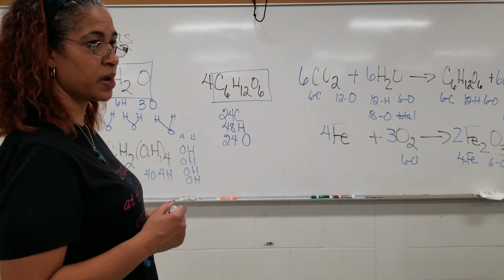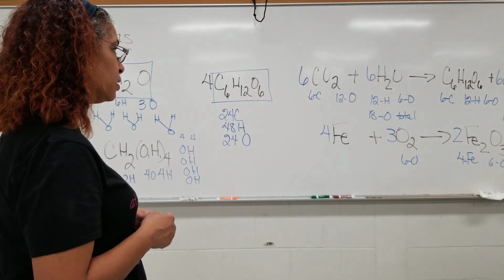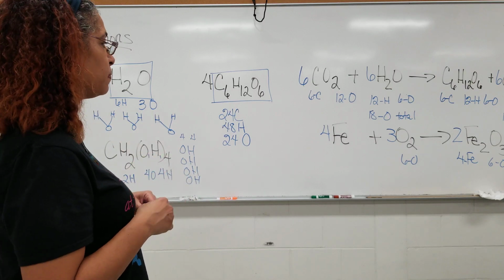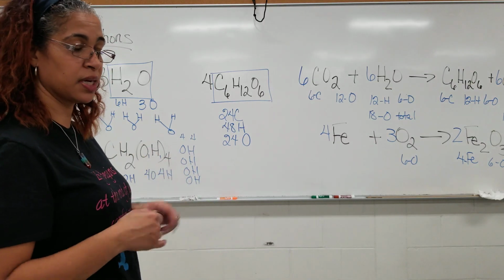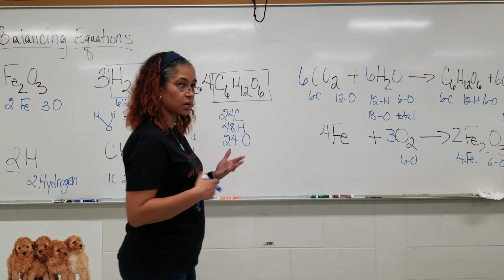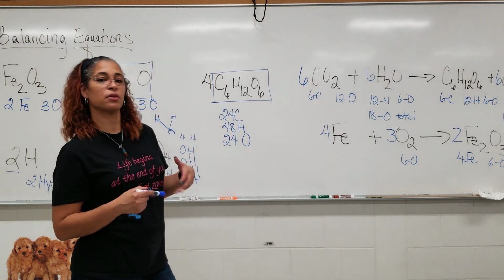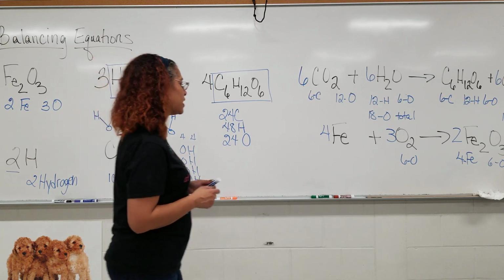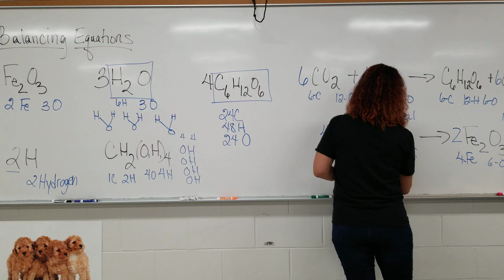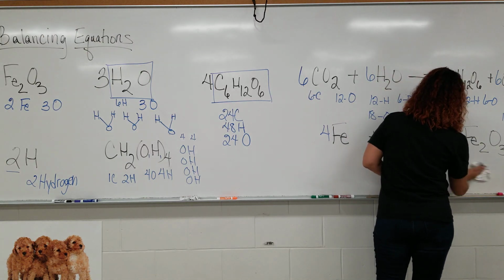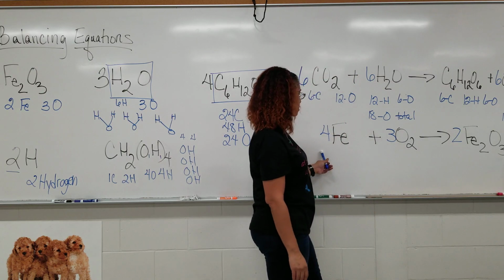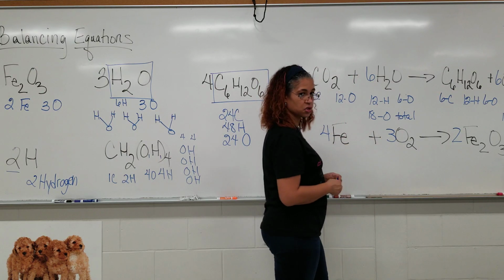Once you balance your equations, you're able to identify what kind of numbers you're looking at. For example, one of the questions that we talked about in class would be how to identify moles. So let's say, and I'm going to do this with this problem, let's say we have 4 irons and 3 oxygens.